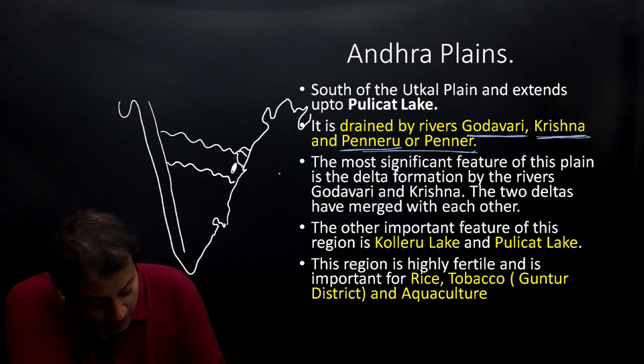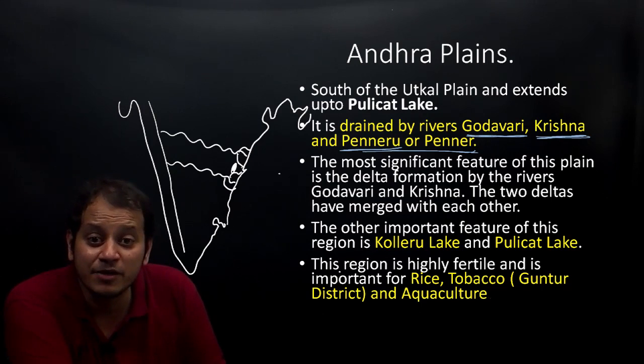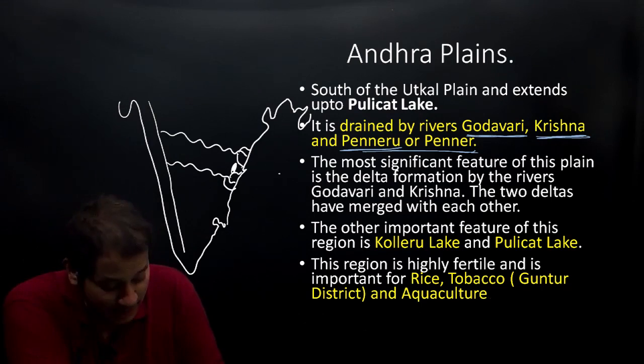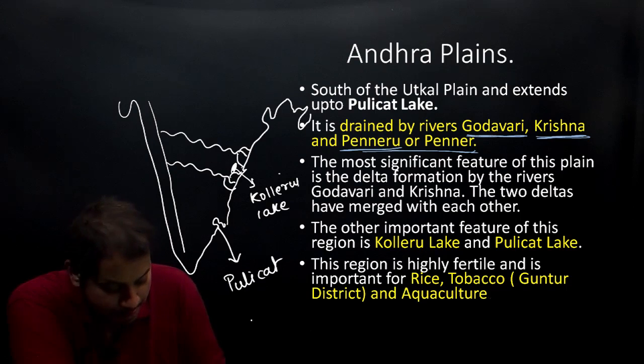River Krishna originates, makes a delta, and over the period of time this lagoon has been filled up by the sediments, forming Kolleru Lake. This lake here is Pulicat Lake.